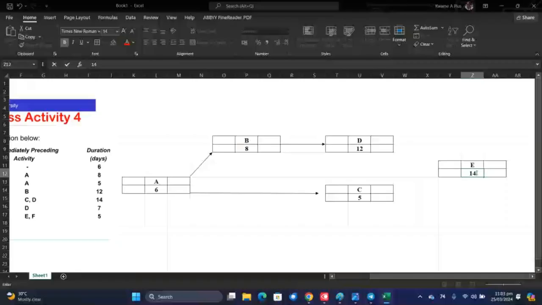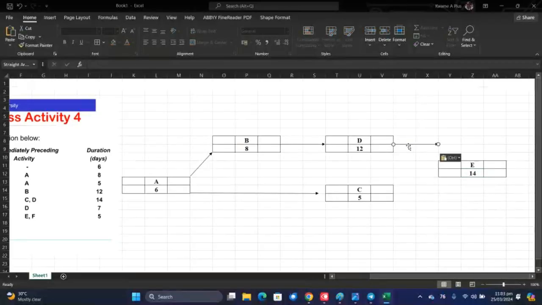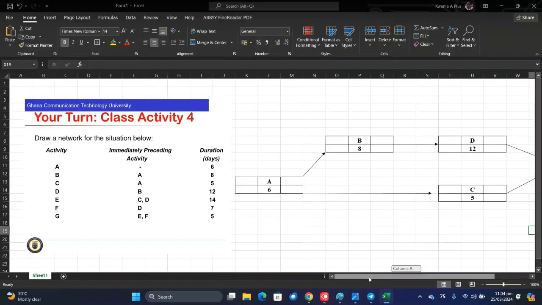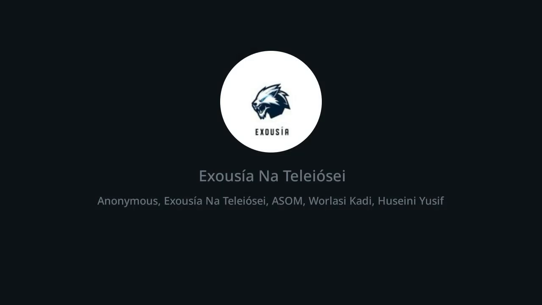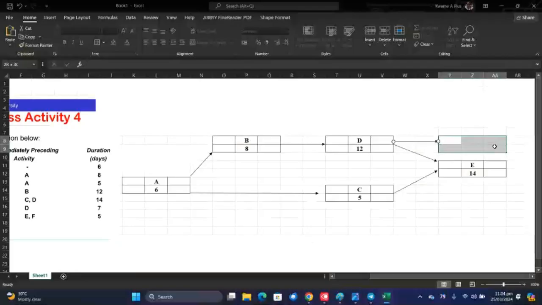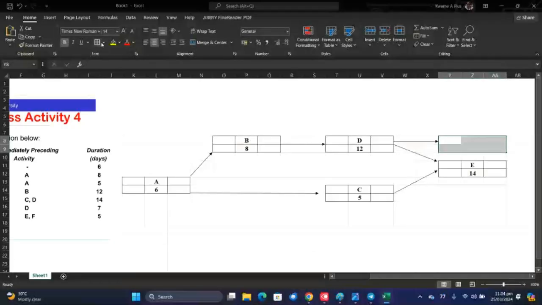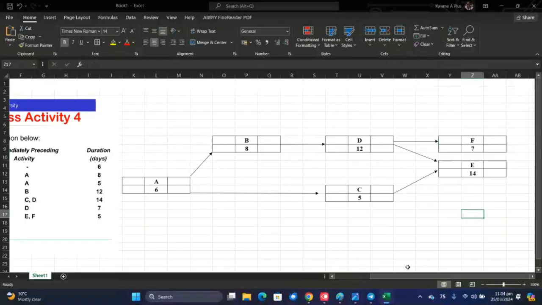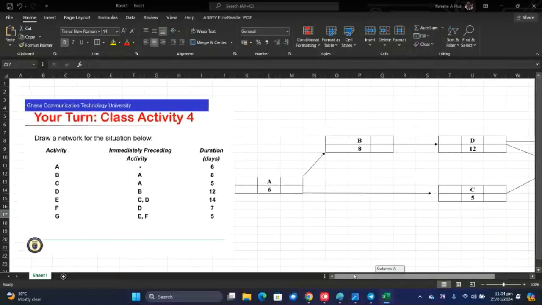And this one here. Okay, yes. D precedes F. So D precedes F. And then E and F precede what?